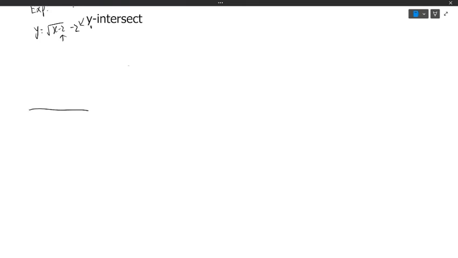So we can draw the graph. The x-intercept is 2 and the y-intercept is negative 2. So we will start here and draw the graph like this. That's all.